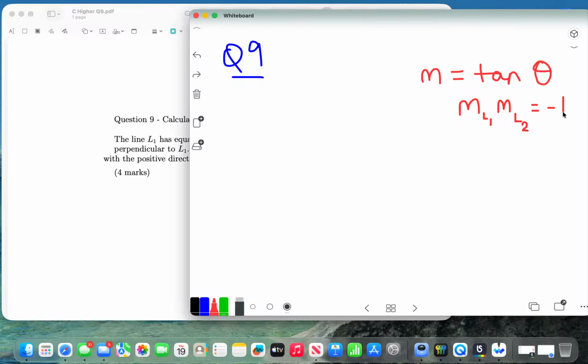Two perpendicular lines multiply the gradients to get -1. So the gradients multiply to make -1, and the only exception to this is if one of the lines is vertical and one of the lines is horizontal.